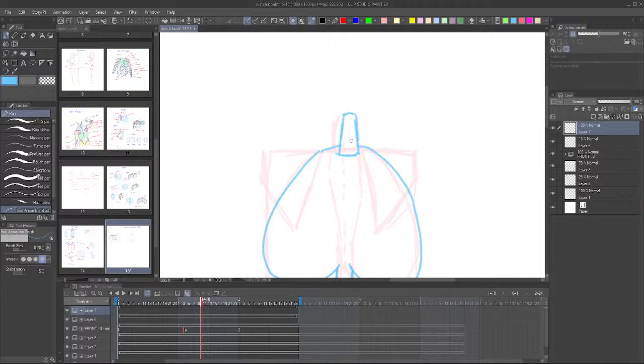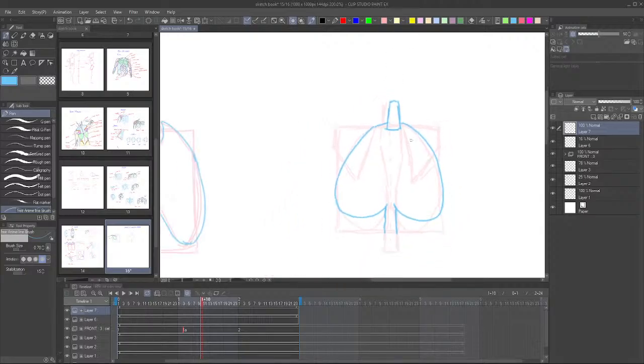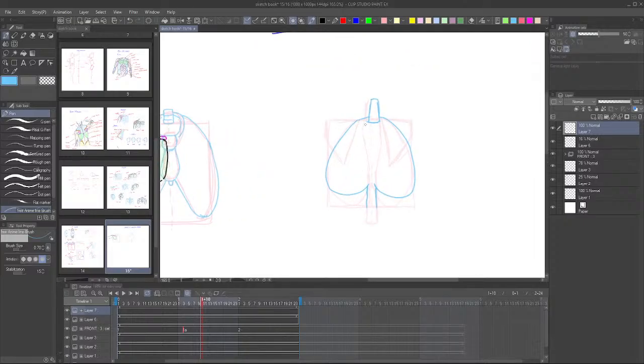It will be much quicker for you, because drawing with a mouse is not that natural.